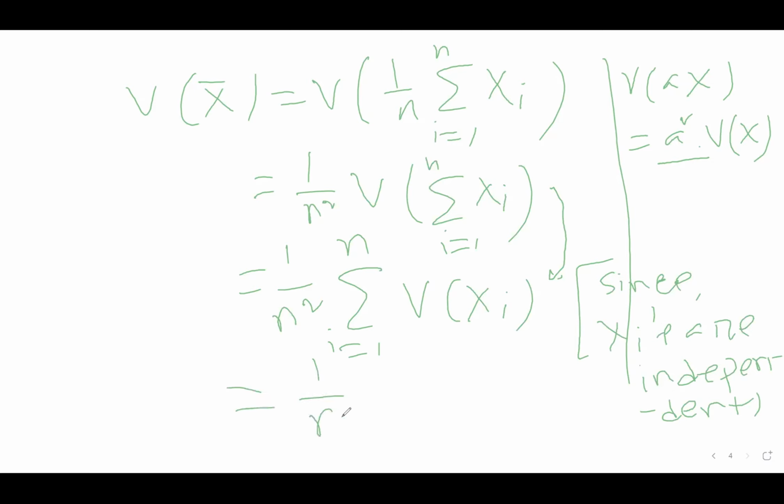Now we have 1 over n square summation of i equals 1 to n, and variance of xi is sigma square. We already know that xi has mean mu and variance sigma square. So now we have to simplify this one. So it will be summation of 1 over n square, 1 to n sigma square.